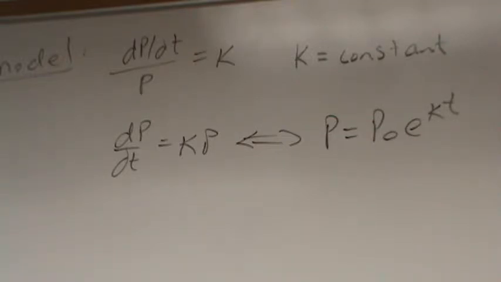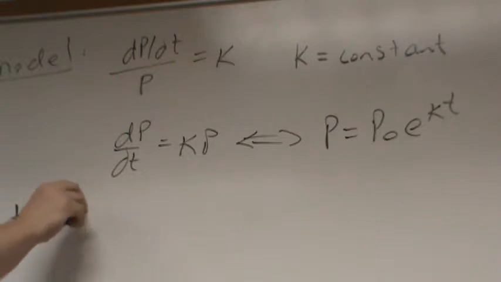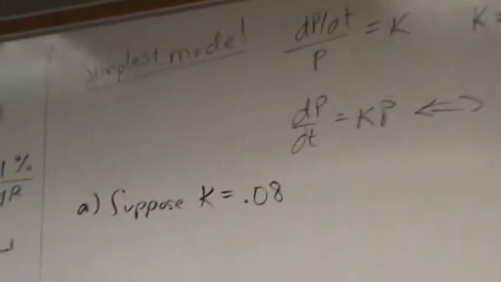So let me just give you a couple of examples. Have you guys do a couple of quick examples, and then I'll move on. Okay, here comes the example. Suppose k is equal to 0.08, so my relative growth rate is a constant 8%.